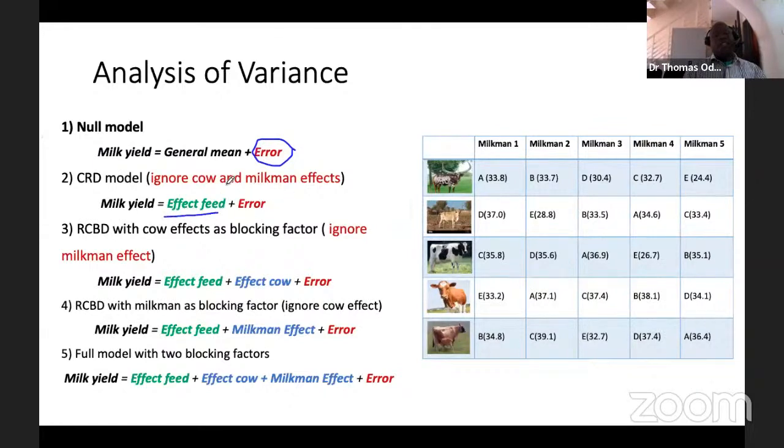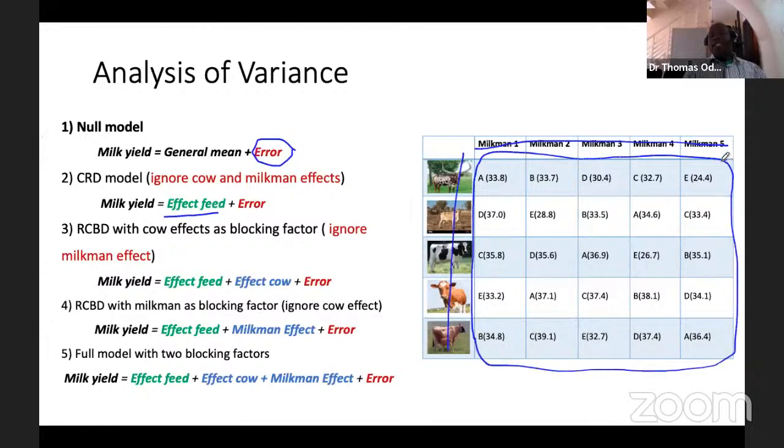We say there is no effect of the cow and no effect of the milkman, so we can cross those off. We assume the cows are the same and the milkmen are the same. Then what we have is a randomized complete block design without any blocking, which is our CRD. So we can also fit analysis of variance for CRD, and everything else apart from the treatment effect would be error.